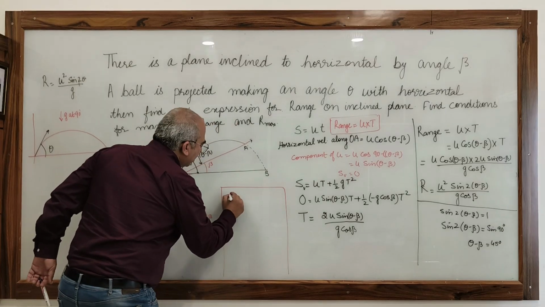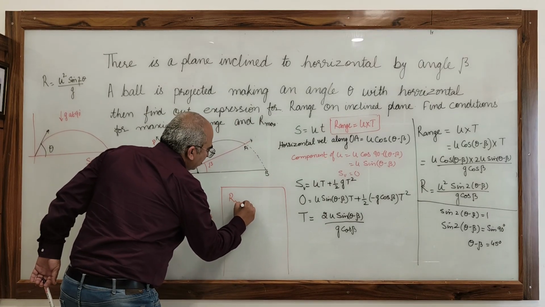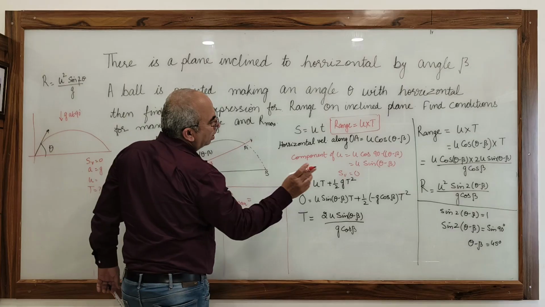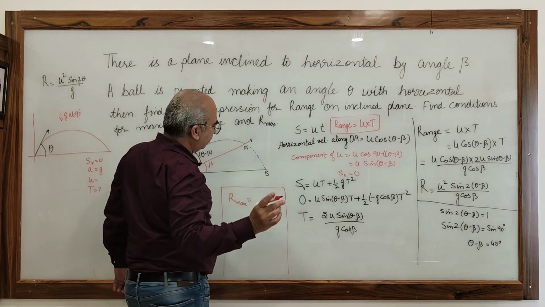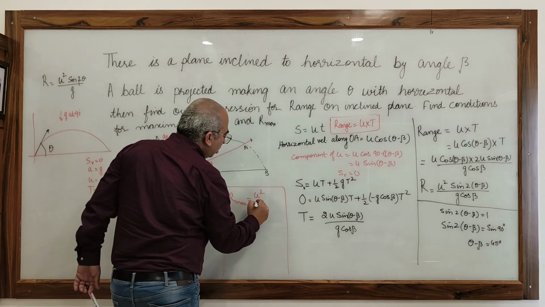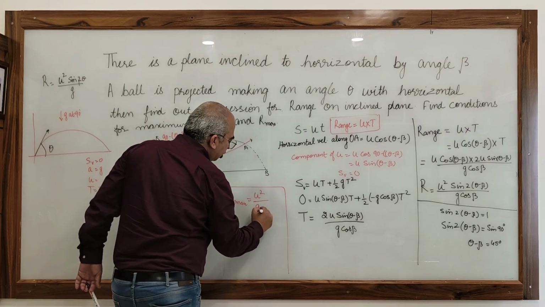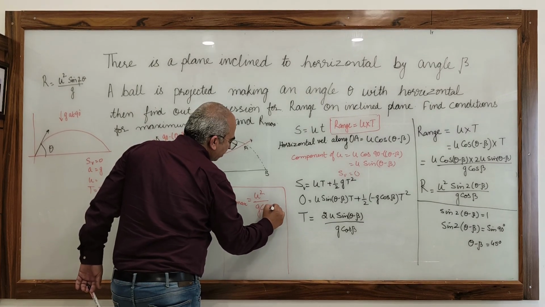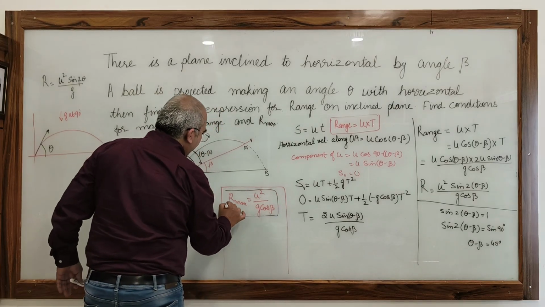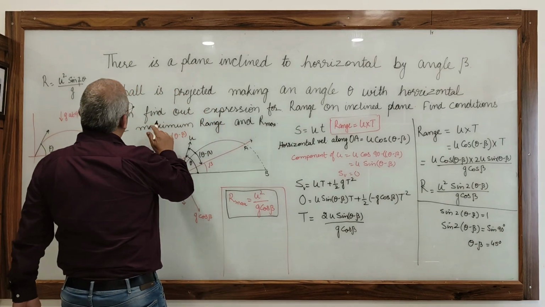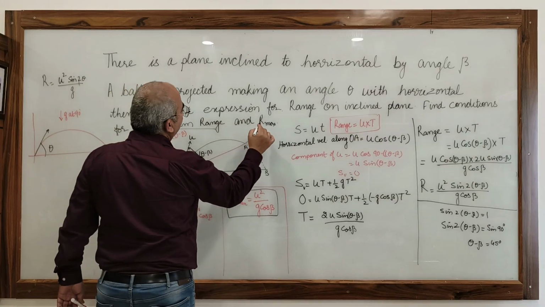Sin 2(theta minus beta) becomes 1, so R max equals u square upon g cos beta. We have found the maximum range.